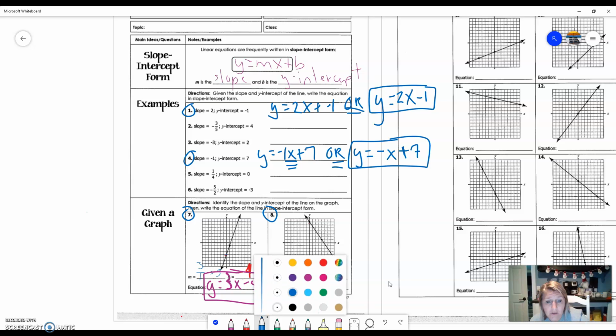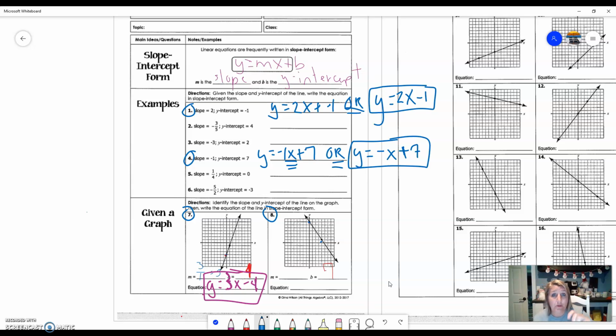Again, I would use your y-intercept and then they give you another point. To go from my y-intercept to that other point, remember you want to go from left to right. And you do rise over run. So I go down, which is negative, 1, 2, 3, 4, 5, 6.